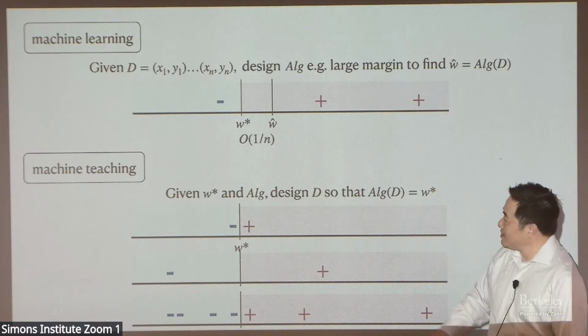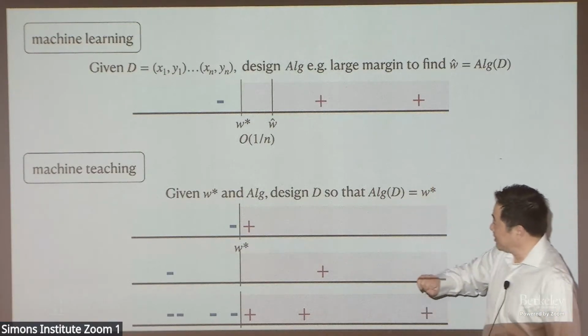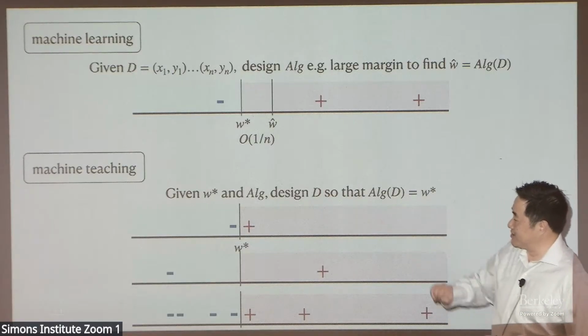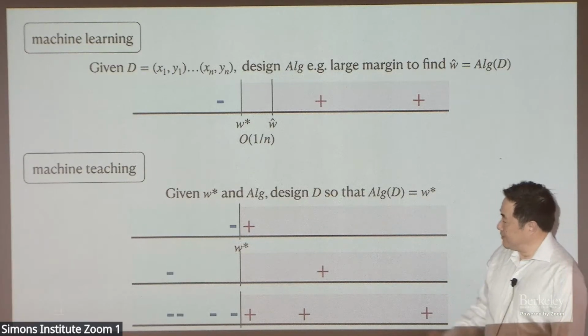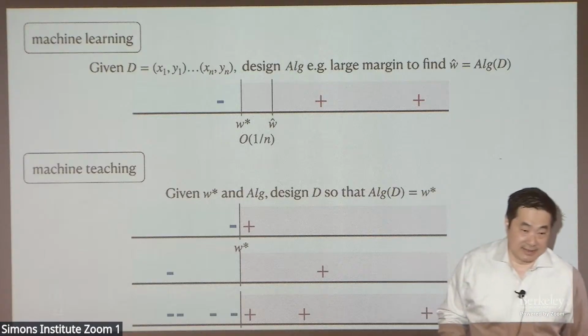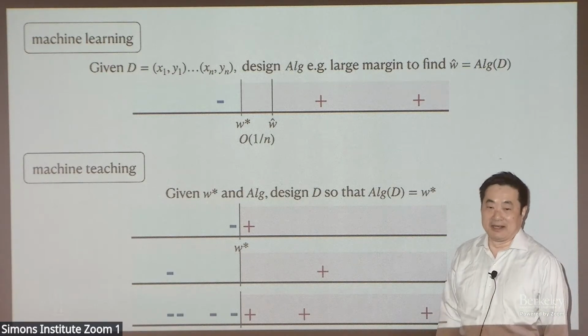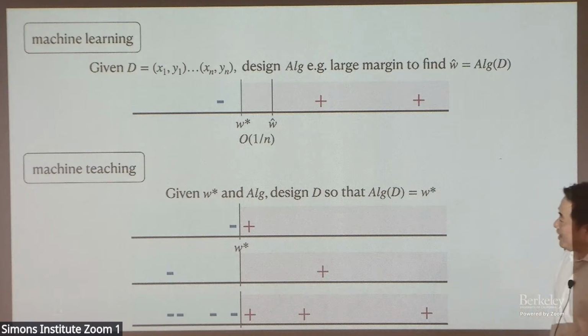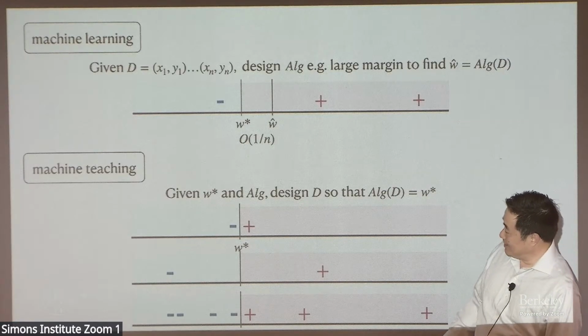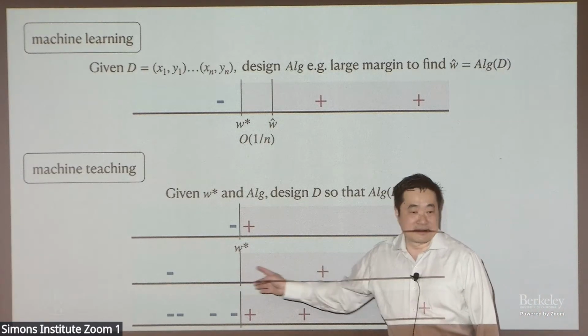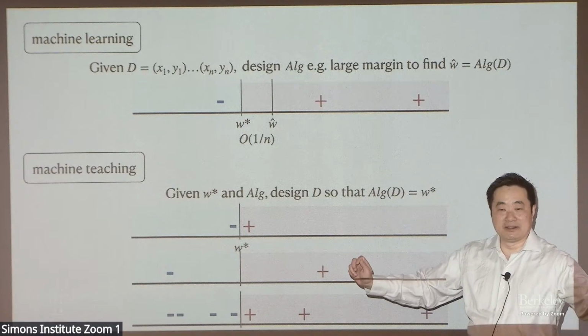So this would be a good data set that fits this, and this is going to be called a teaching set. I'm going to use this to teach a particular learning algorithm. But you immediately also see that the teaching set is not unique. For example, if I know the algorithm is large margin, then I could create an alternative teaching set where I just pull those two training items apart.